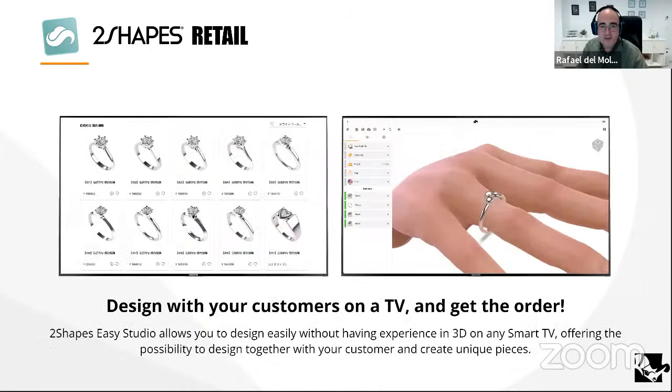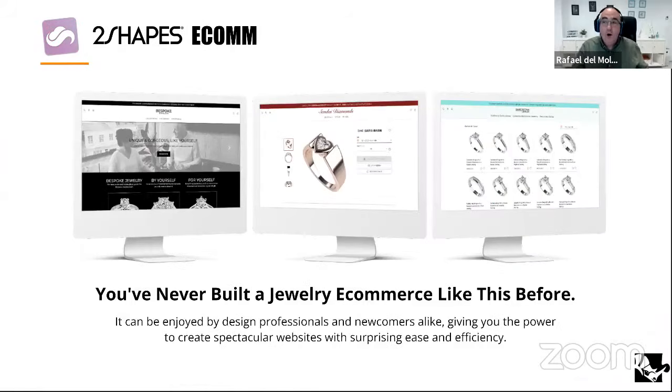Basically, all the designs that you create in 2Shapes for Rhino, you can upload to our cloud. And then you have a very easy studio to design and so on. One interesting thing, it works on any TV or iPad or any device. Also, the same designs that you have, you can upload to your e-commerce.